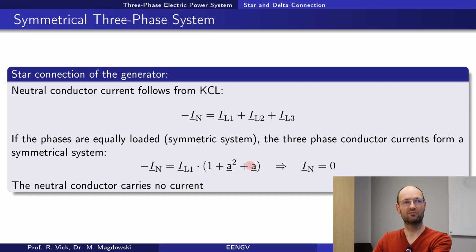If we calculate the current on a neutral conductor, we once again see the sum of our rotation operators here. Current on a neutral conductor will be 0 if everything is symmetric. So the neutral conductor does not carry any current. We could also remove it. If we really have a symmetrical system, it would not change anything in the system.